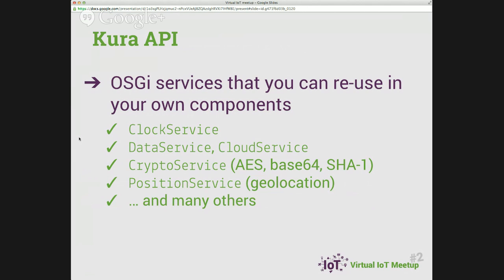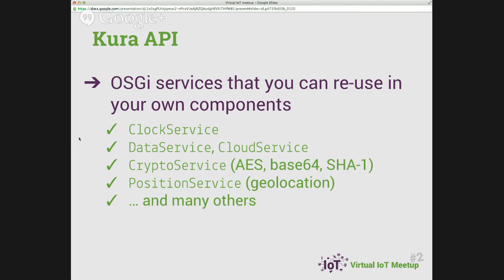So you have your gateway, and now you want to deploy applications. Kura applications can leverage not only Java APIs, the OSGi built-in APIs, but also some nice APIs and services that are part of Kura and that you can use when you build your own software components.